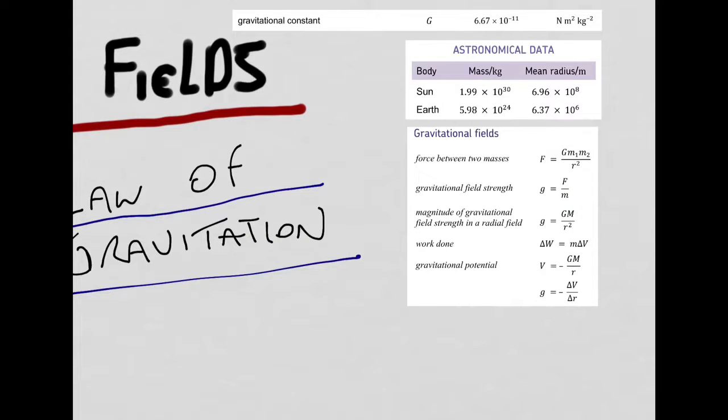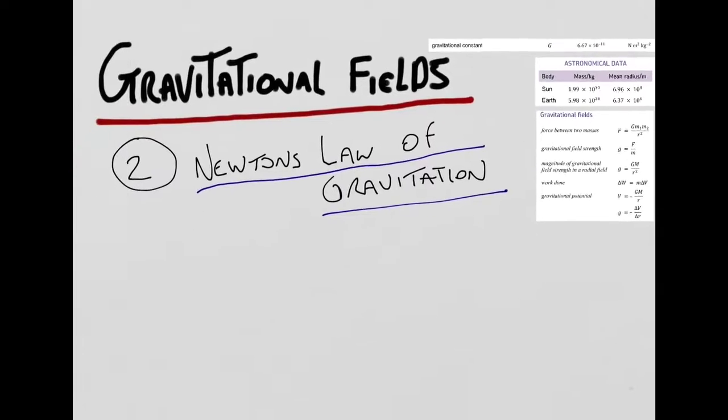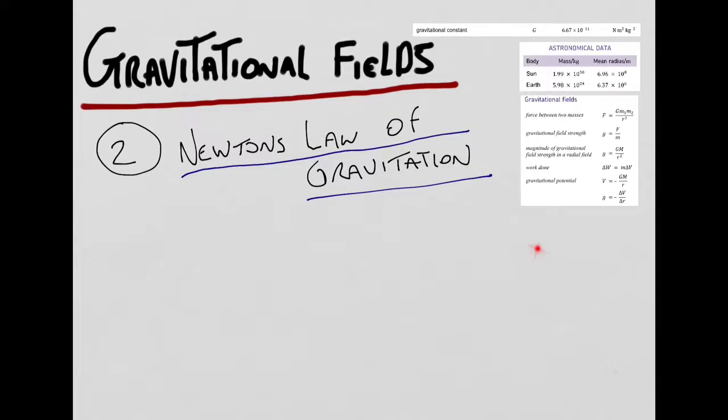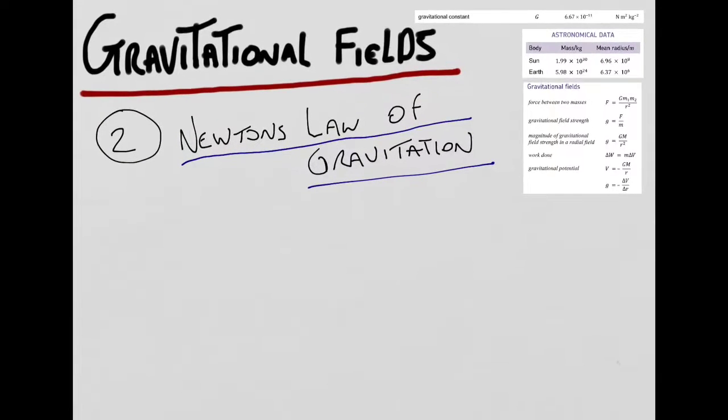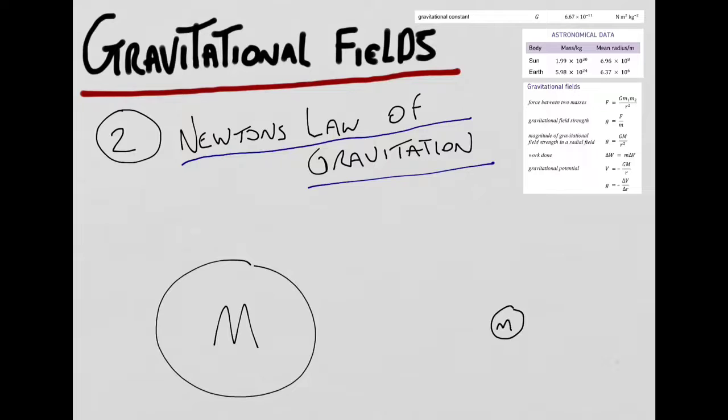Now, we did also mention in the last video that this is based on the idea of a big mass and a test mass. If we have a large mass, something like a planet, we can call it capital M, and a small mass we call little m, a test mass.